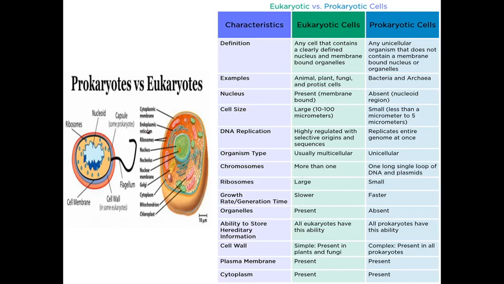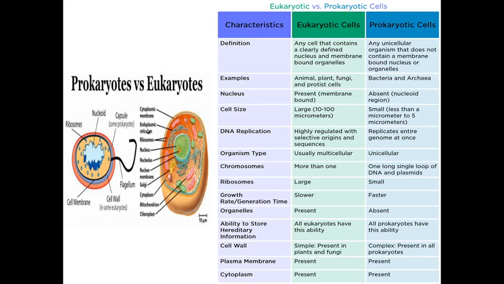As we look at the difference between the prokaryotes and the eukaryotes, first of all, the cell that contains a clearly defined nucleus and membrane-bound organelles. Like we have organs in our body, the cell has organelles that function like the organs in our body.